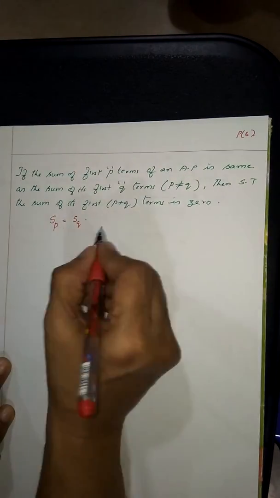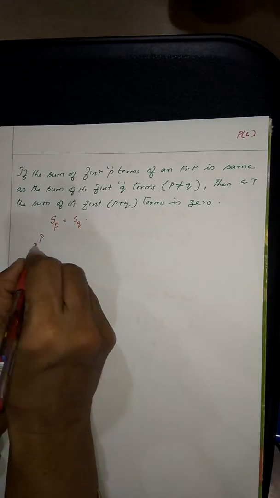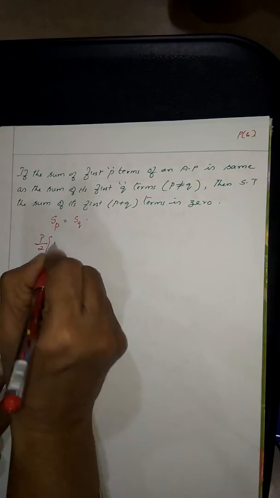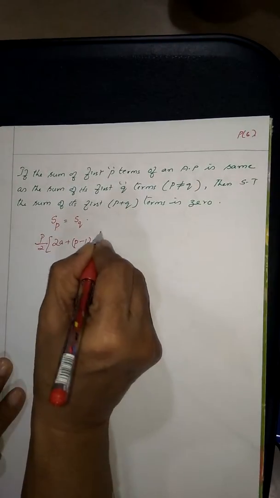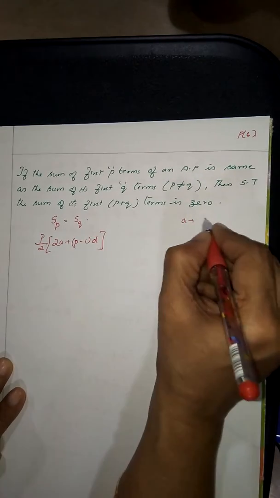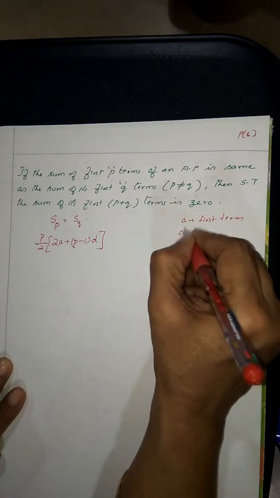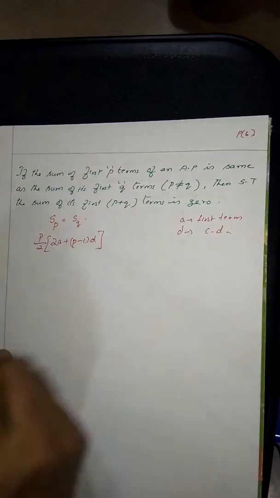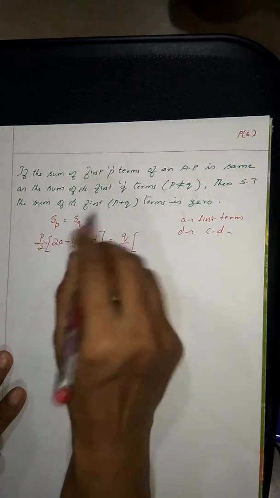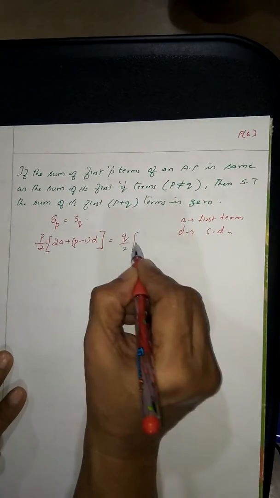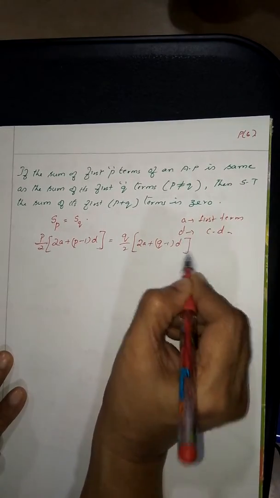The sum of p terms is equal to p by 2 into 2a plus p minus 1 into d, where a is the first term and d is the common difference. This is equal to q by 2 into 2a plus q minus 1 into d, since it is the same AP.